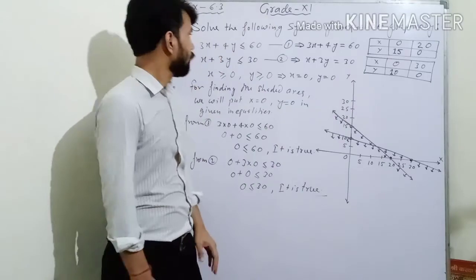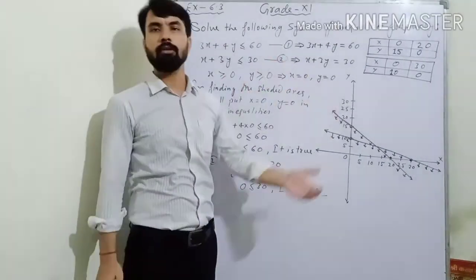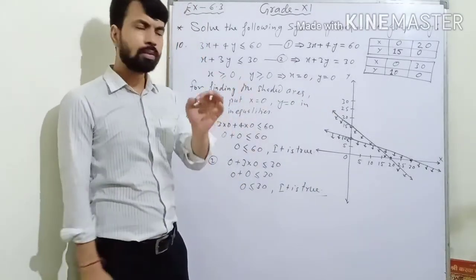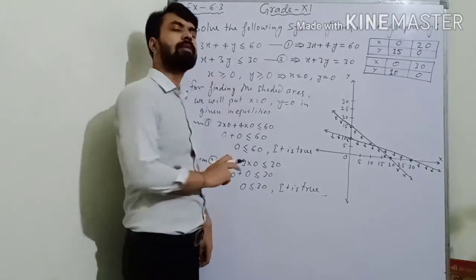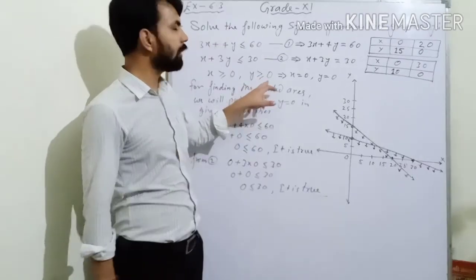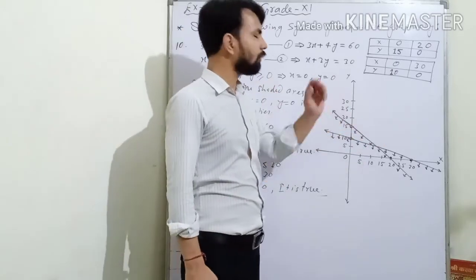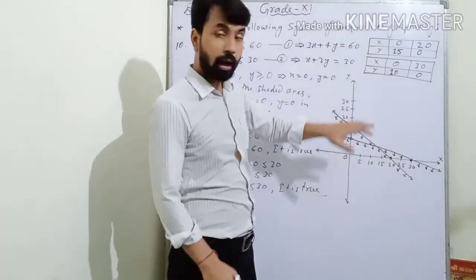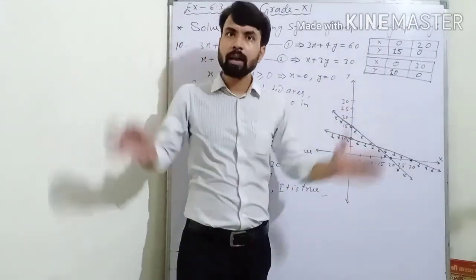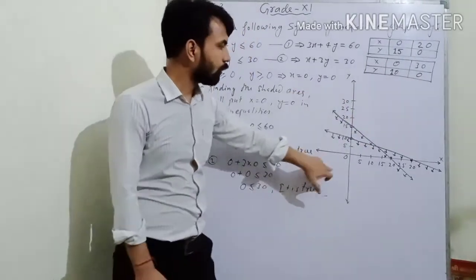Clear? Now, what will be the shaded portion for these two inequalities, x greater than or equal to 0 and y greater than or equal to 0? Students, if x is greater than or equal to 0, that means x is a positive number, and y greater than or equal to 0 means y is also positive. I told you in coordinate geometry, the coordinate axes divide the whole Cartesian plane into 4 quadrants: first, second, third and fourth.